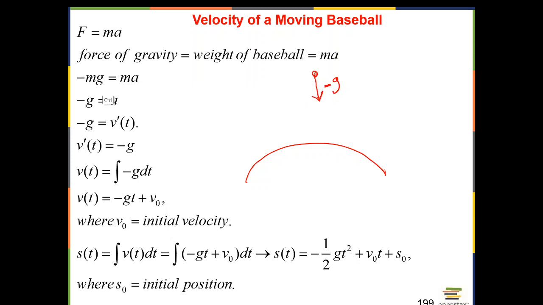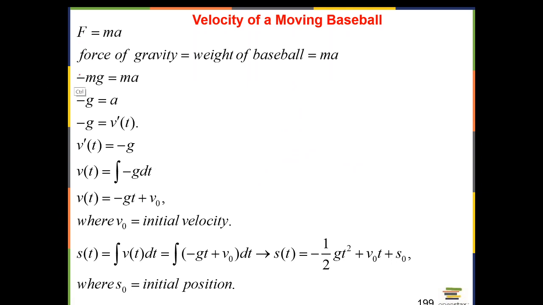So g is the acceleration due to gravity, and mg is the weight of an object in SI units, right? So the force is negative mg. It's negative because it's towards the center of the planet, right? And the distance is getting smaller as an object falls, right?